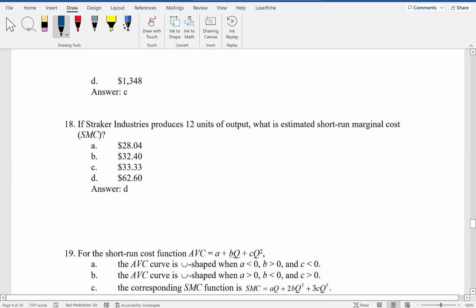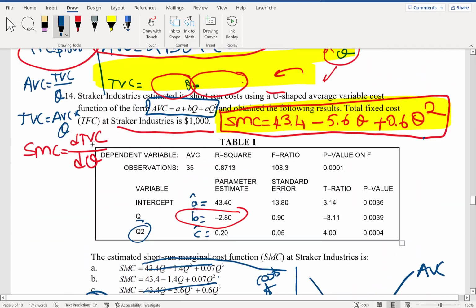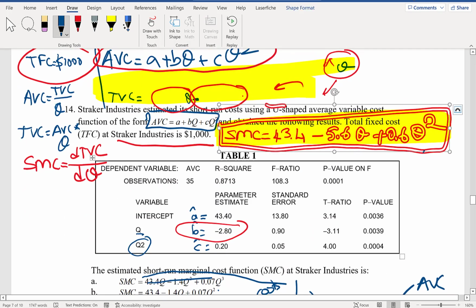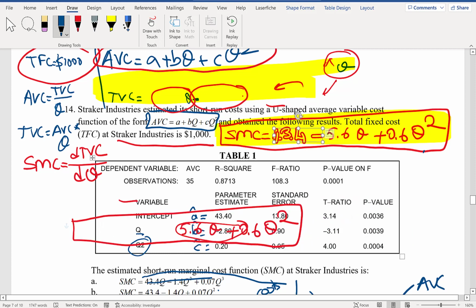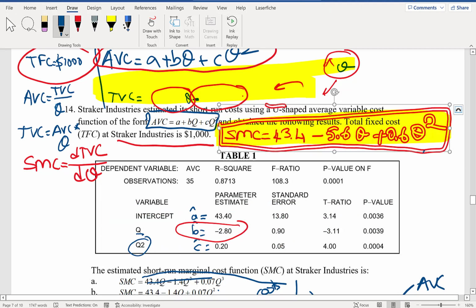Last question asks me, if they produce 12 units, what's the short run marginal cost? We calculated it up here, the answer to the first question. So I'm going to simply copy this, copy, paste, and I'm going to move this. Okay, so this is a little tricky.